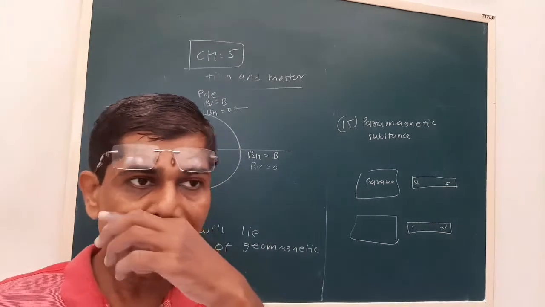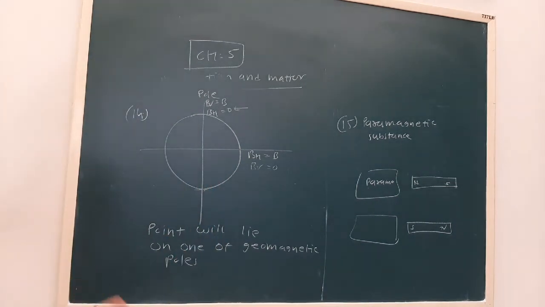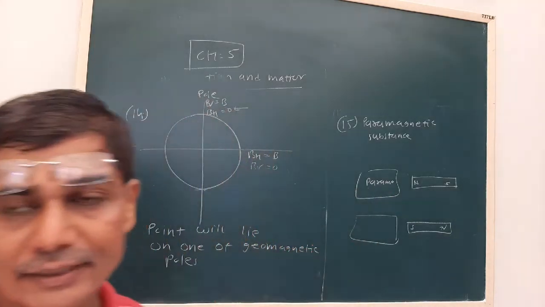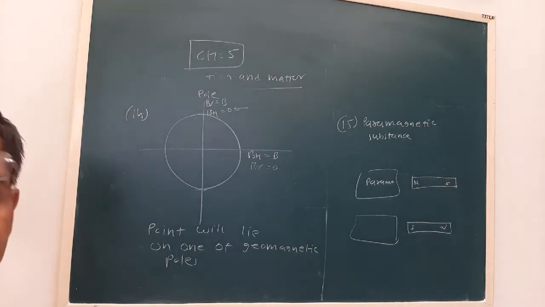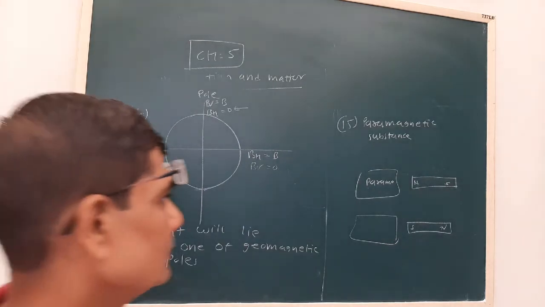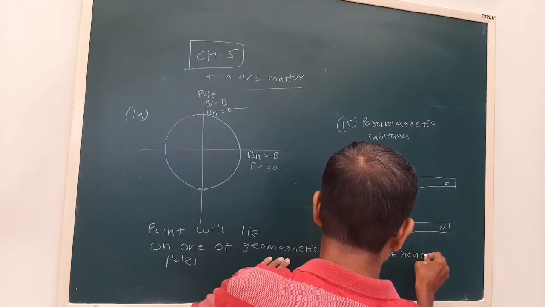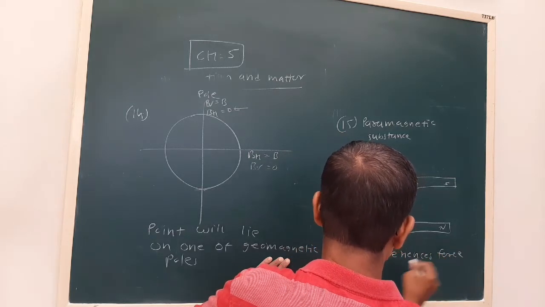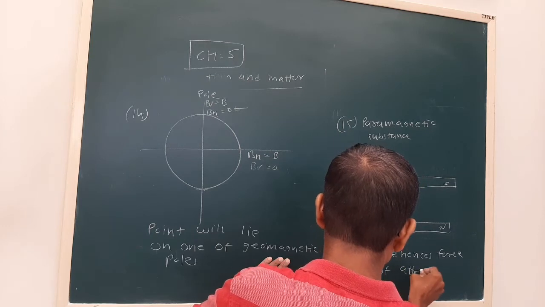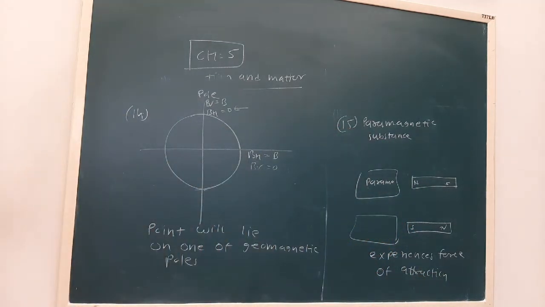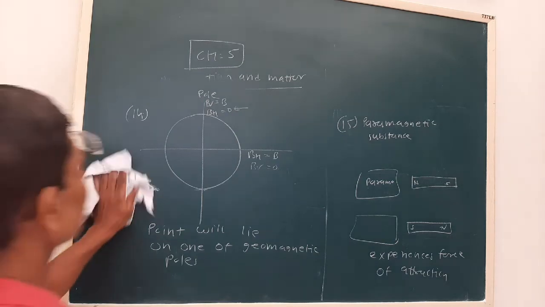Why? See, the dipoles in a paramagnetic substance are such that when it is placed in an external field, it experiences a force of attraction. So it experiences a force of attraction. Okay, see our next MCQ, that is MCQ number 16.